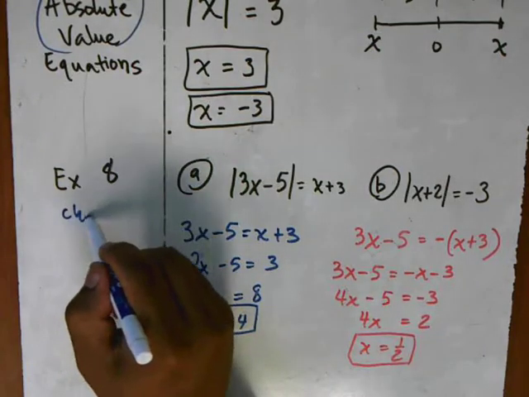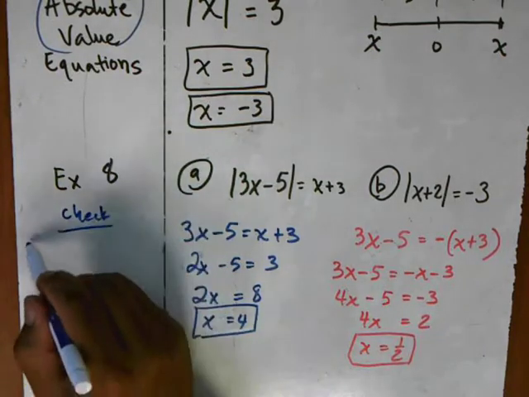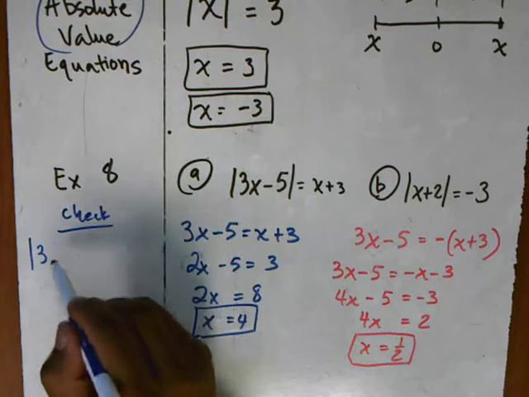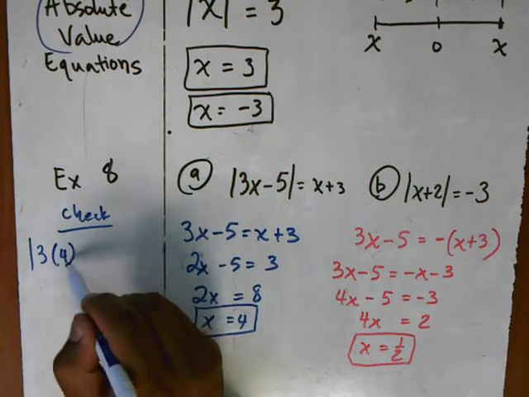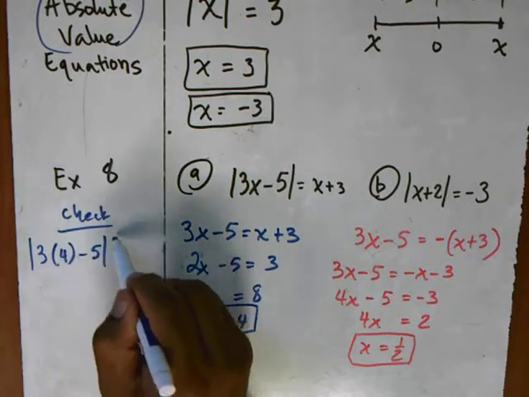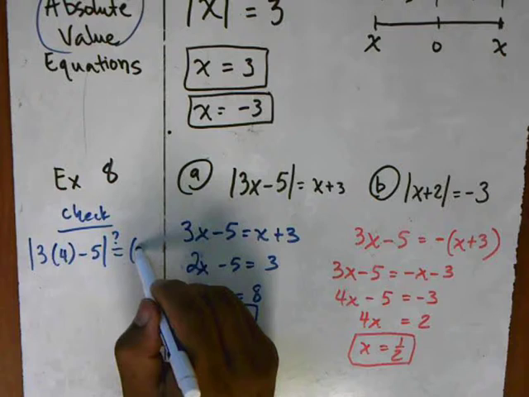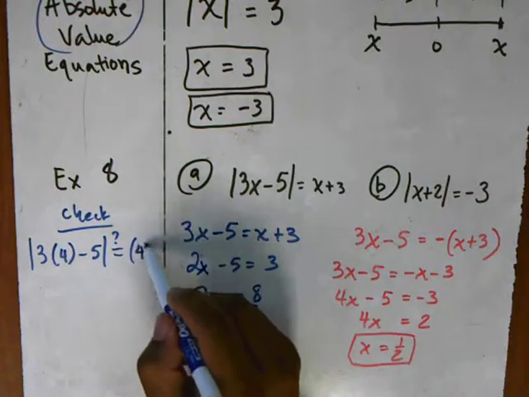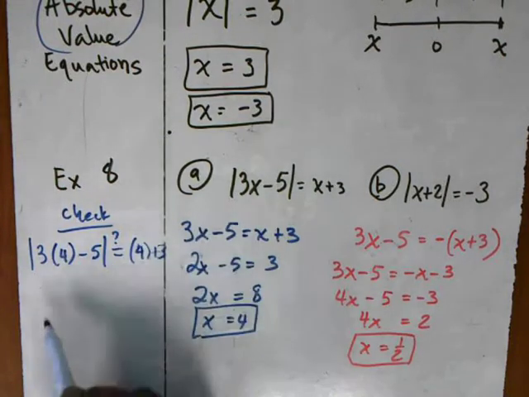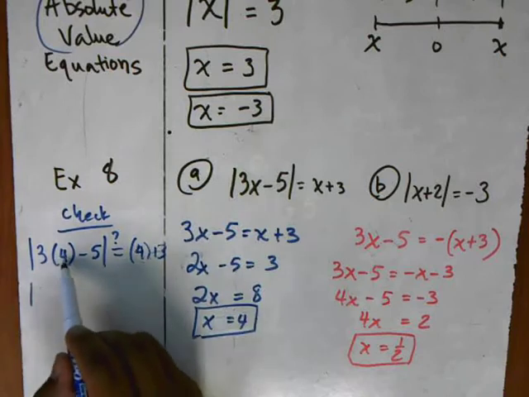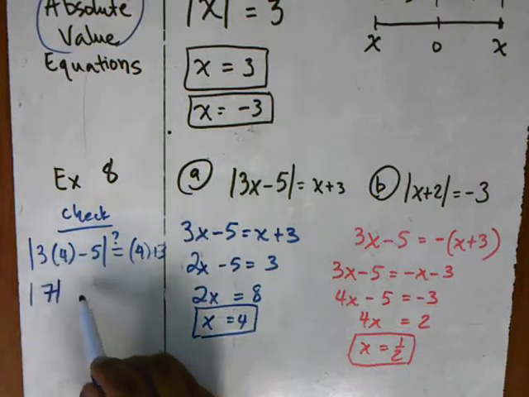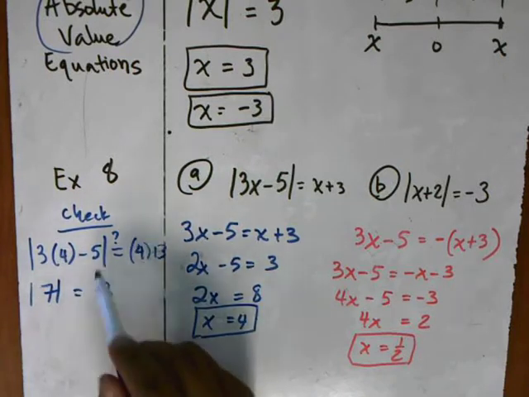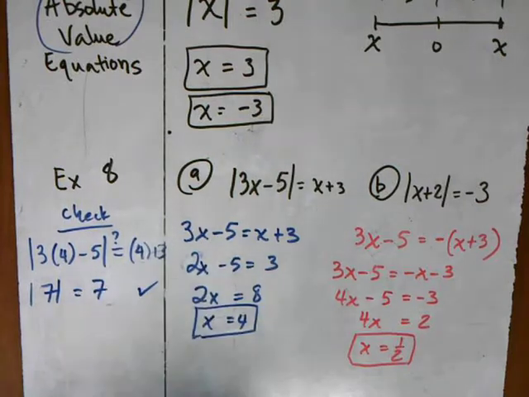So let's check. Is the absolute value of 3 times 4 minus 5 really equal to, oh, I'm sorry, x is 4 here, plus 3. Well, this is 3 times 4 is 12, minus 5 is 7, and that really is equal to 4 plus 3 here, that really is equal to 7. So that's good. Now let's check the one with a fraction.